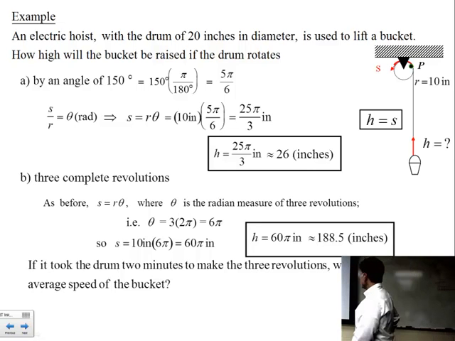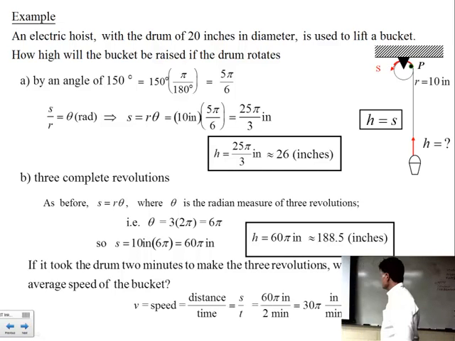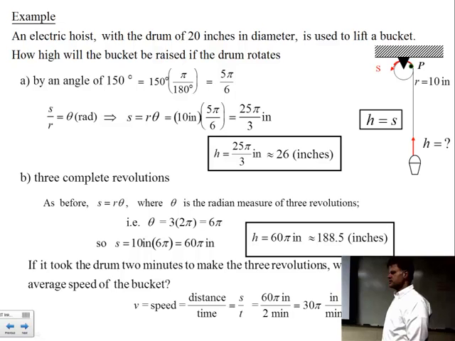So the total distance, we know, is this, 60 pi inches. And the amount of time is 2 minutes, so we just take 60 pi inches divided by 2 minutes. We get 30 pi inches per minute. That is a unit in rate of speed, or 94.25 inches in a minute.